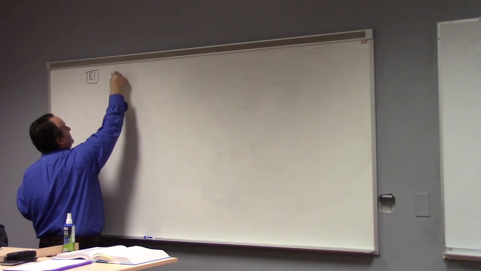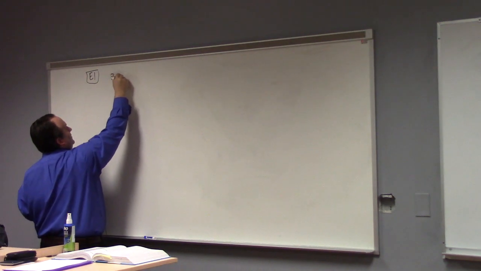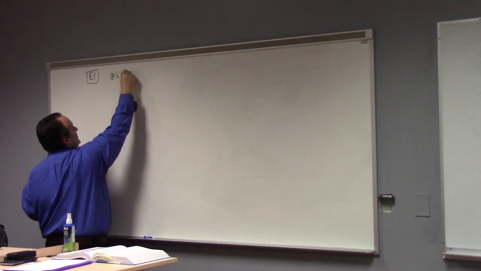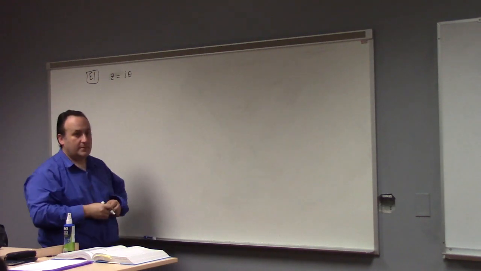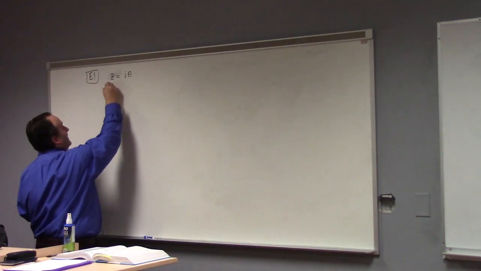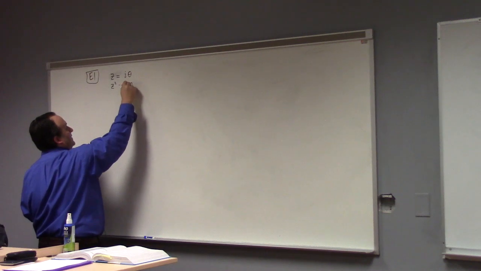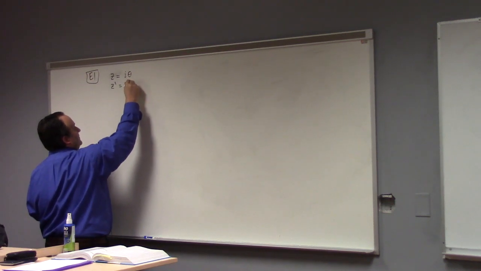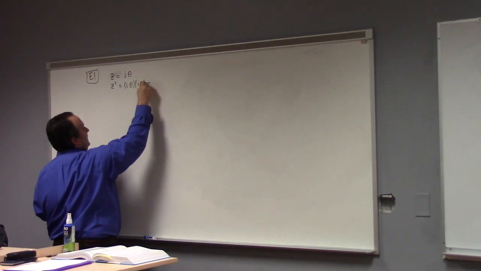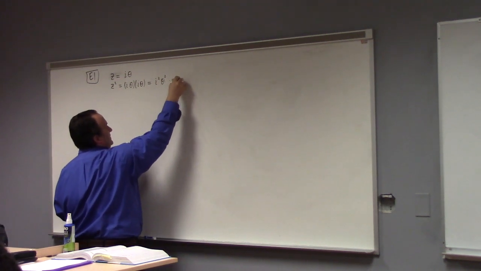Let's say z equals i times theta. What happens if we square this? i theta squared, right? Which of course is i squared theta squared, which is minus theta squared, right?